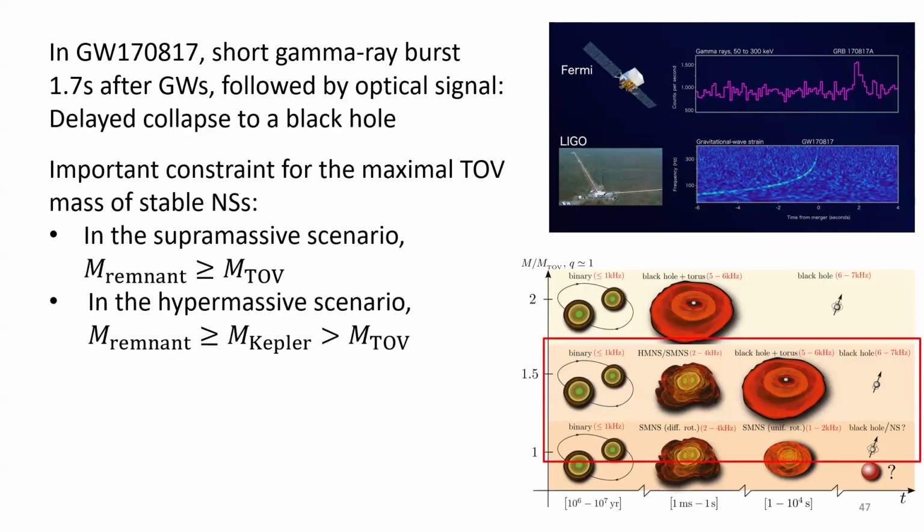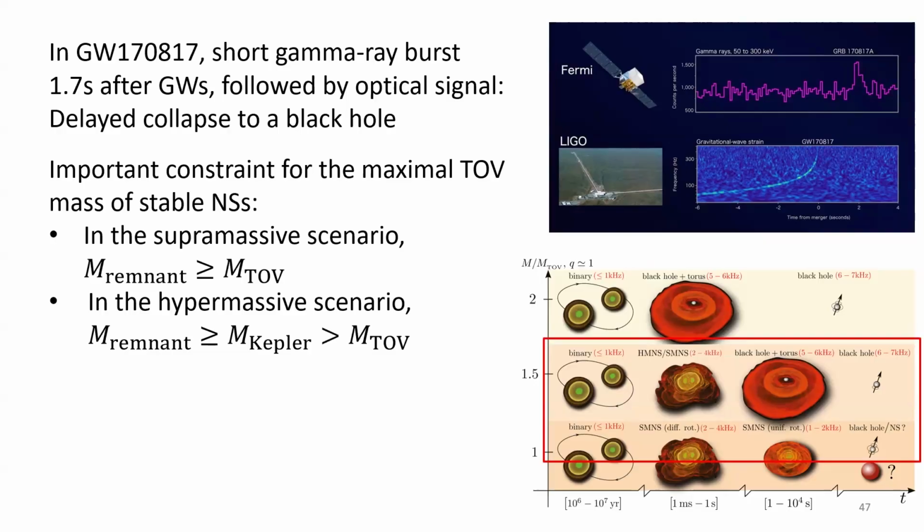So this basically leaves two possible scenarios: the supramassive scenario, where there is a long-lived uniformly rotating system, and a hypermassive scenario, where the system collapsed into a black hole when it was still differentially rotating. Both are extremely interesting scenarios because they allow us to derive an upper limit for the TOV mass of a non-rotating neutron star, the maximal mass of a neutron star.